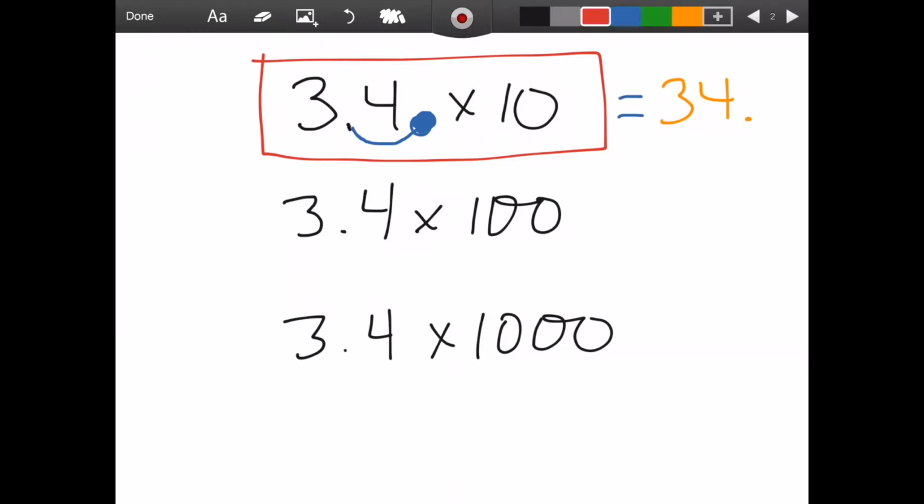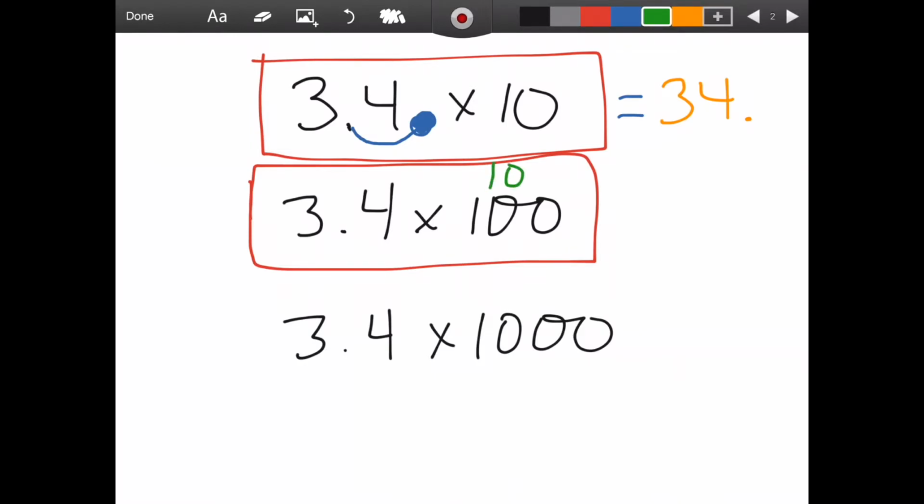Now, same idea. If we multiply by 100, like we were doing in the second spot over here, remember 100 is the same as saying 10 times 10. So 100 is the same as multiplying by 10 two times. If you remember from before, when we multiplied by 10 one time, we moved the decimal over one place.